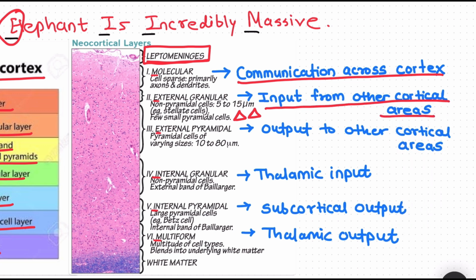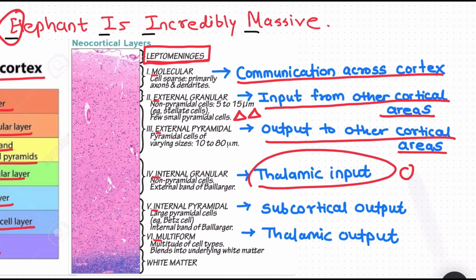The third layer is external pyramidal, cells of varying sizes, 10 to 80 micrometers, and its function is to give output to other cortical areas. Then the fourth layer will be internal granular, which is non-pyramidal cells, external band of Baillarger. Its function is to give thalamic input.